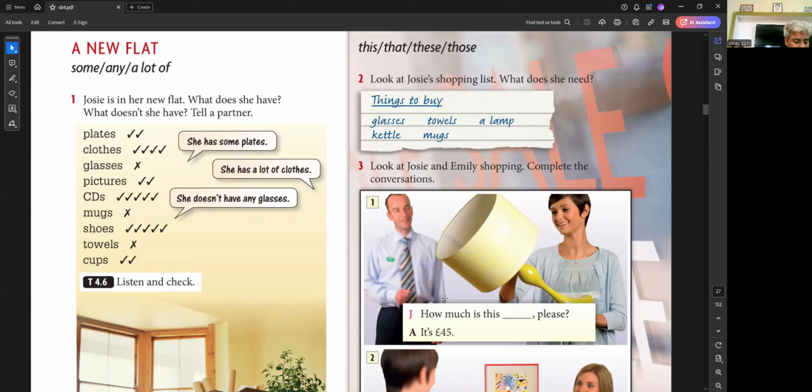And then, she have or she has? Shashi beta, she has or she have? Shashi? She has or she have?